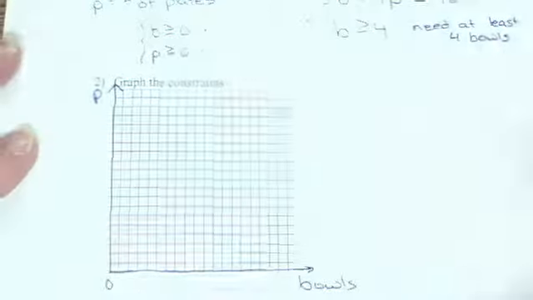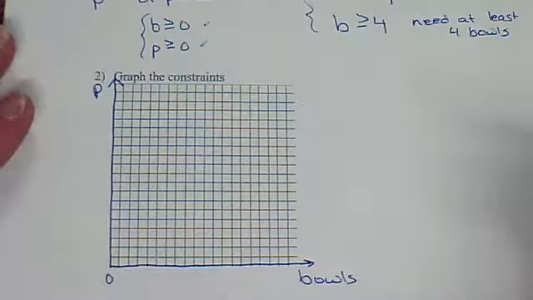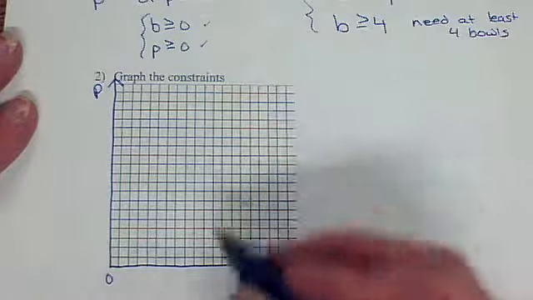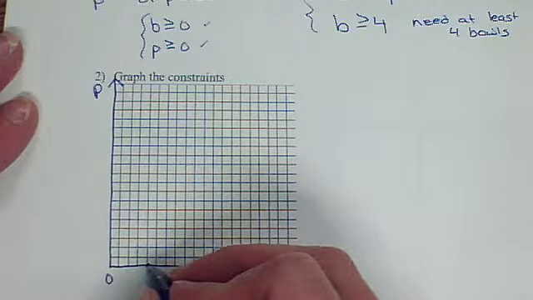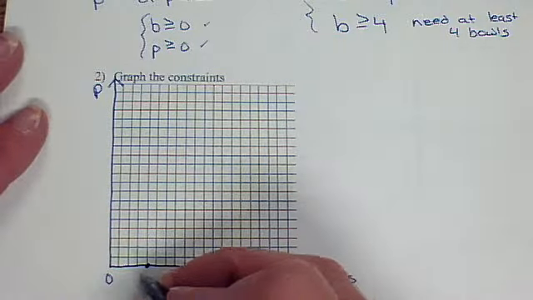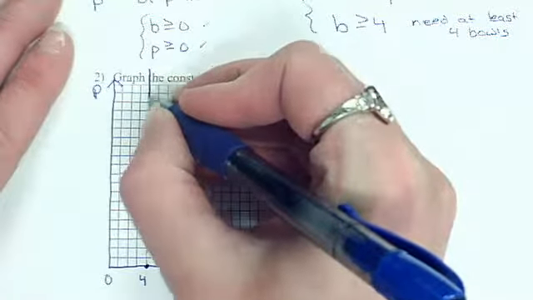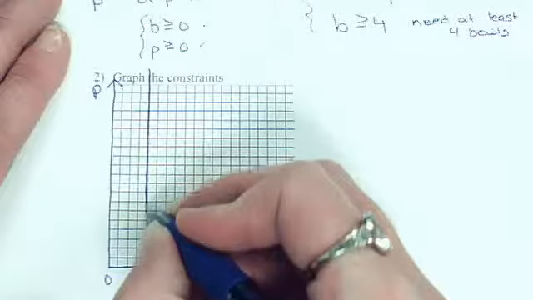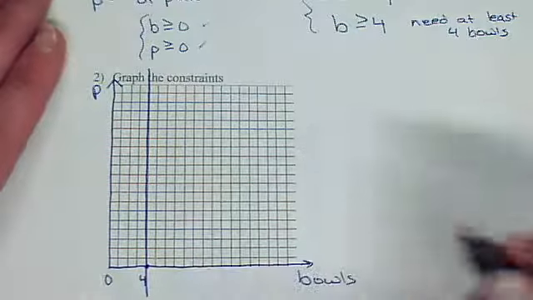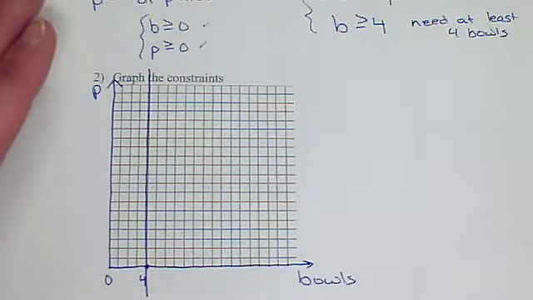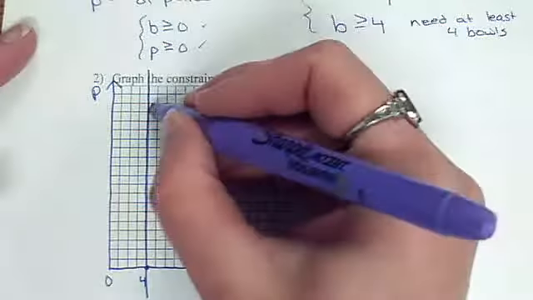So I'll just use the first quadrant. Now, we know we need at least 4 bowls. So here's where the B values are 4. That means we have 4 bowls. So we need to make a little boundary line here, because we want more than 4 bowls. We want this side. We're shading greater than, so that is that way. So that'd be everything this way.